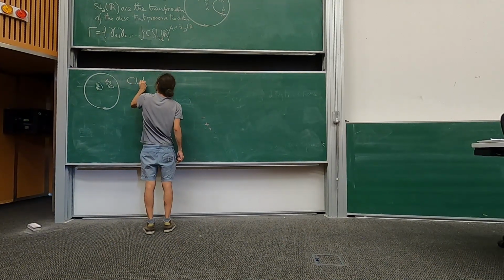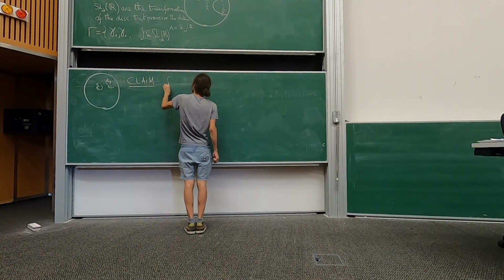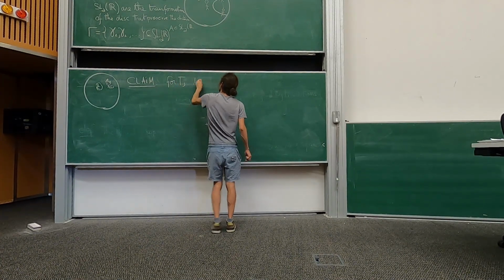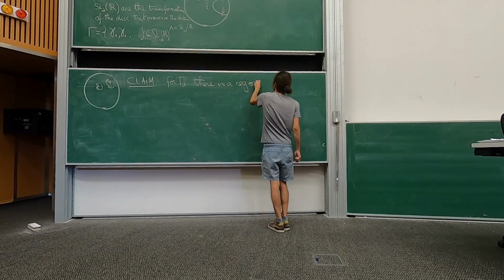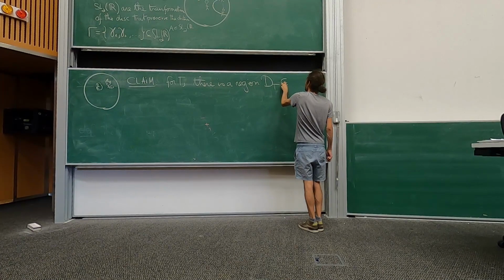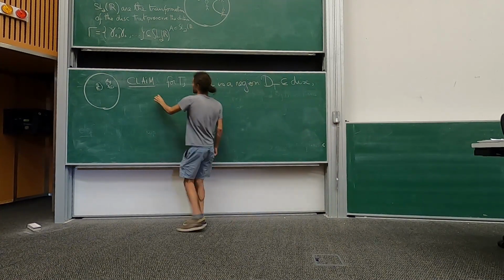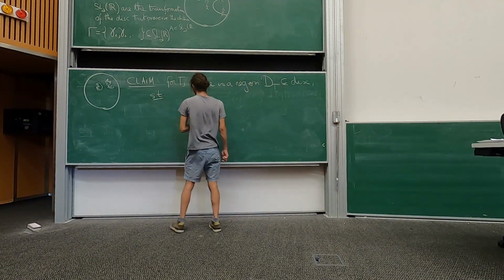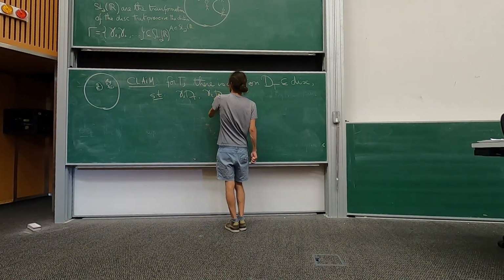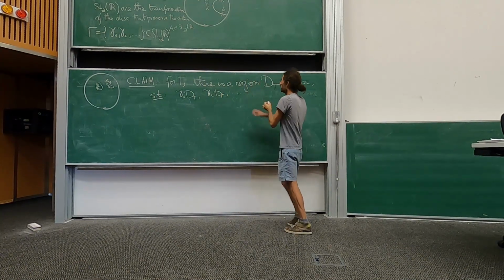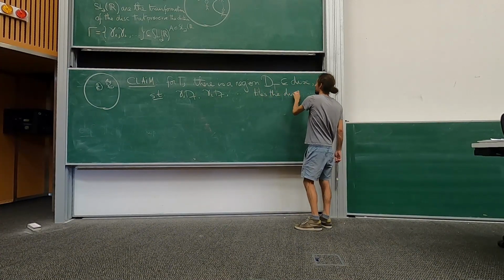So now I claim the following: for gamma, there is a region d gamma in my disk such that when I look at gamma 1 d gamma, gamma 2 d gamma, etc., it tiles the disk. I will explain that with a picture.